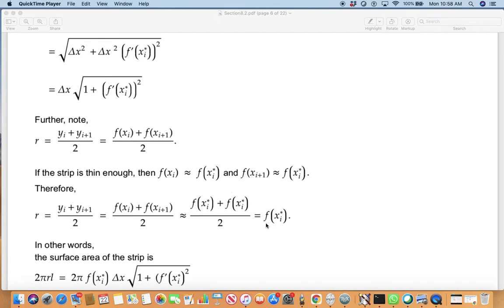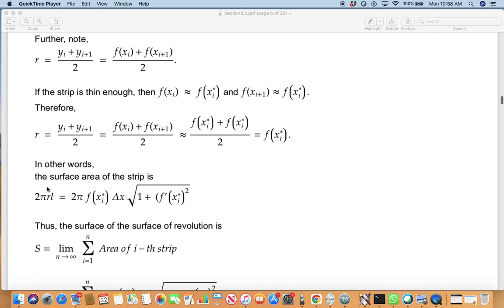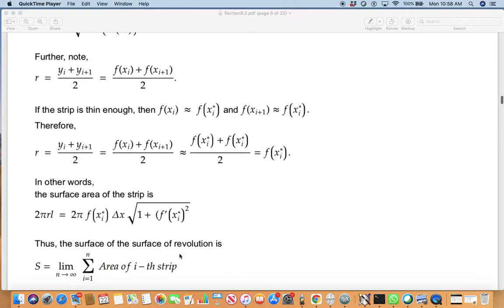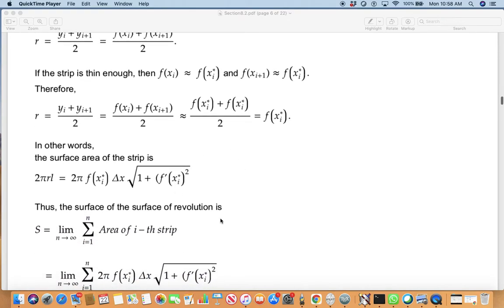In other words, it's simply approximately f(xi star). So the surface area of the strip is 2 pi r L, which is 2 pi f(xi star), L being the side length we just saw, delta x times the square root of 1 plus f prime of xi star squared.